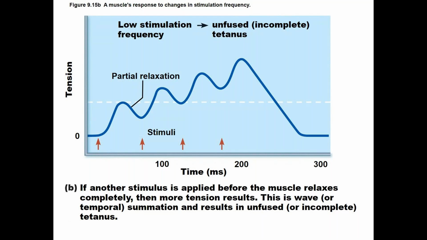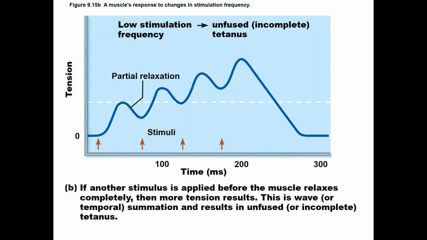So on and so forth. As long as we have these action potentials occurring within the relaxation period of the one prior to it, we can generate more force. We can add all of that force together, and get significantly more tension than we would from a single action.